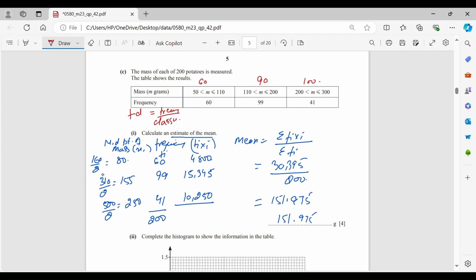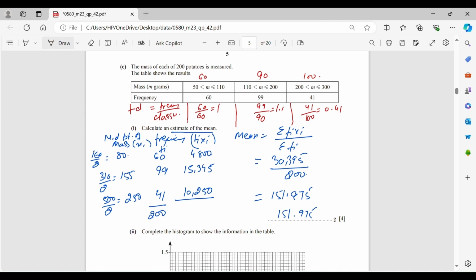So for this, 60 over 60 is equal to 1. Second will be 99 over 90, which will be equal to 1.1. And last will be 41 over 100, which will be equal to 0.41. Let's draw the histogram on this. First is already drawn for us.